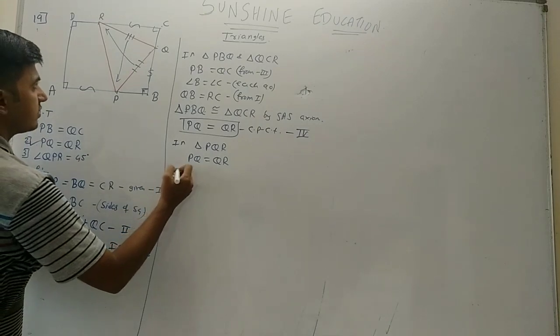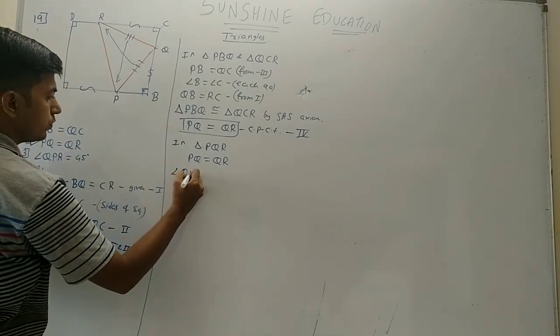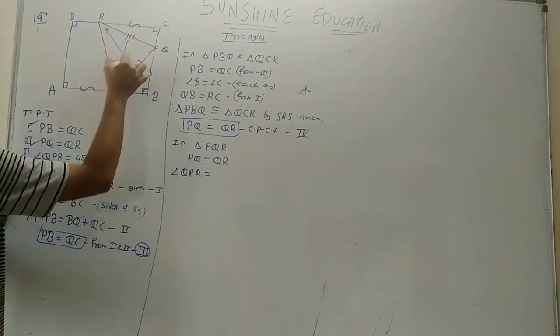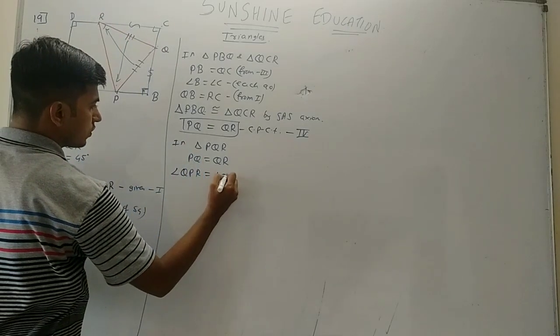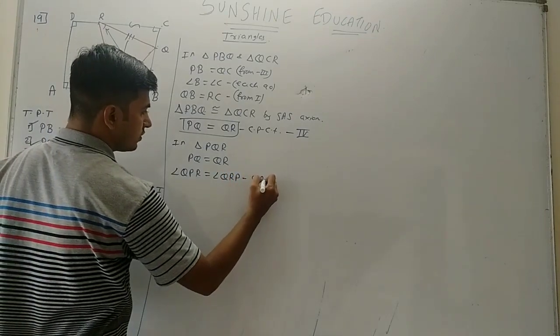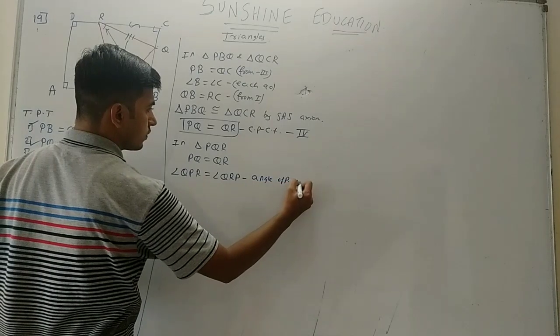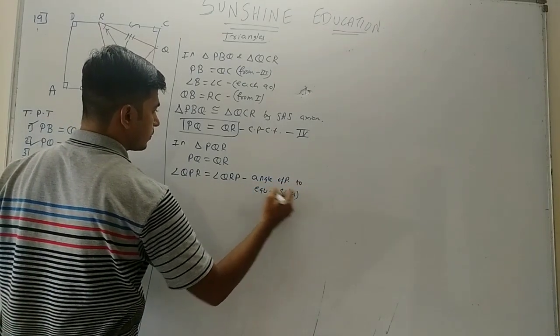Therefore, angle QPR is equal to angle QRP. Angles opposite to equal sides are equal.